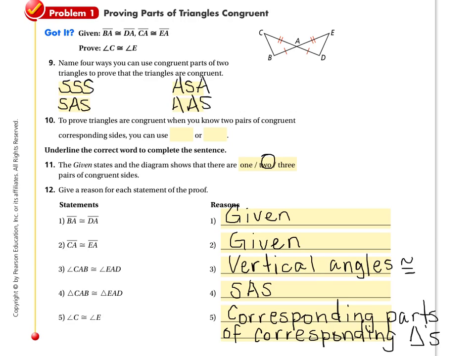To prove that triangles are congruent when you know 2 pairs of congruent sides, the only options you have where you need 2 pairs of sides are side-side-side and side-angle-side.